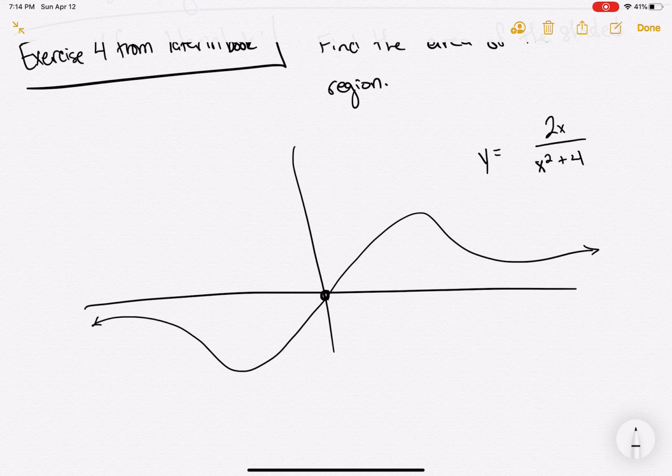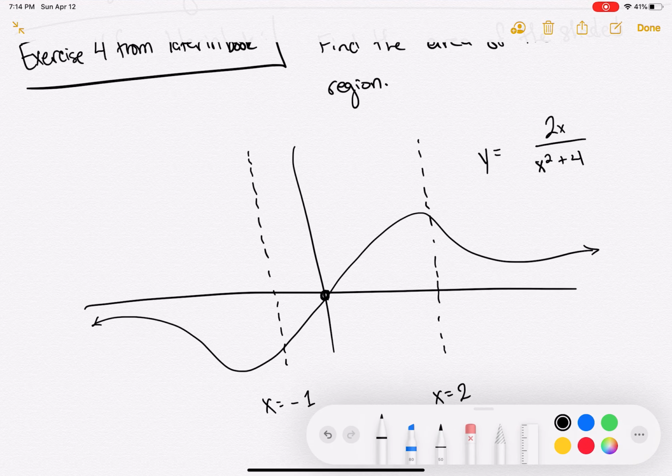And then it gives me my region: x equals negative 1, and then the region all the way up to x equals 2. So I'm going to shade that in for you now.